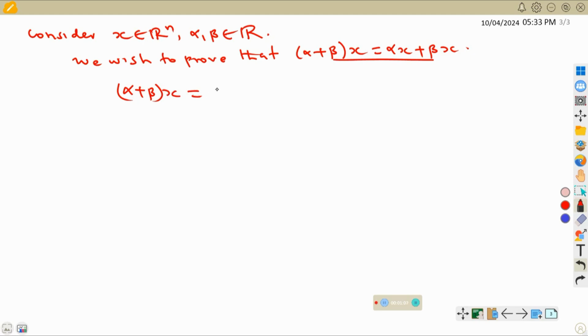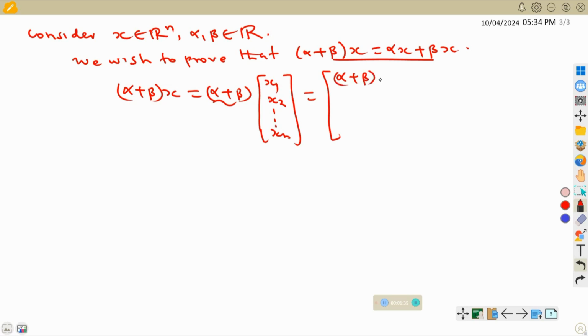Which is the same as alpha plus beta multiplied by x, but we know x is the same as x1, x2, up to xn. And this can be written as, since alpha plus beta is a scalar, it is multiplying into x1. By the definition of scalar multiplication, we multiply alpha plus beta into x1, alpha plus beta into x2, and the same alpha plus beta into xn.